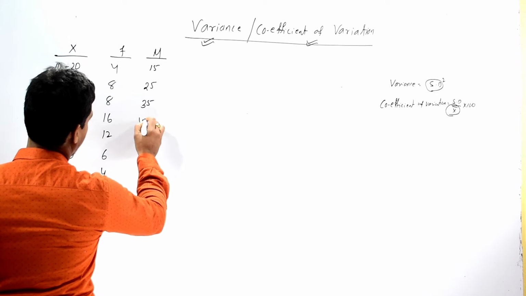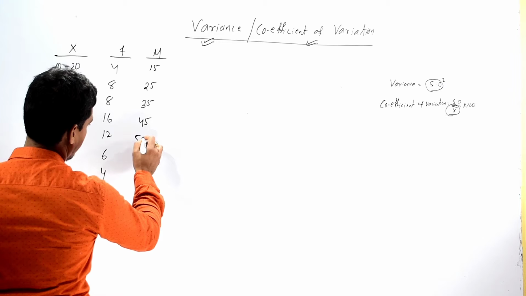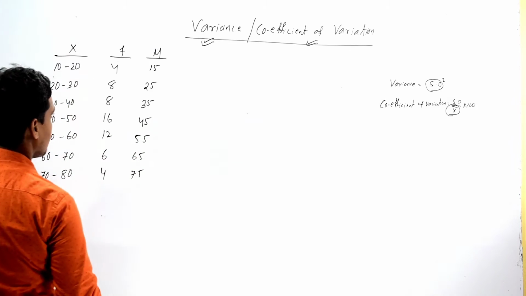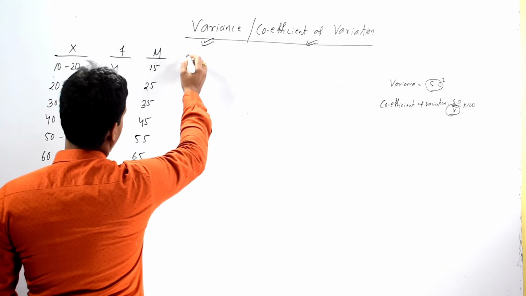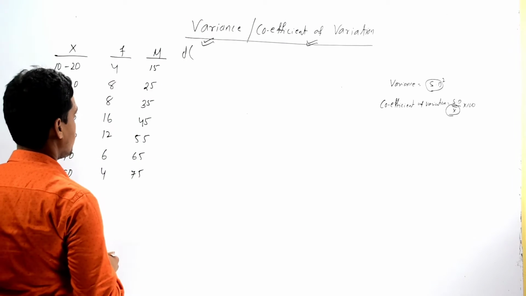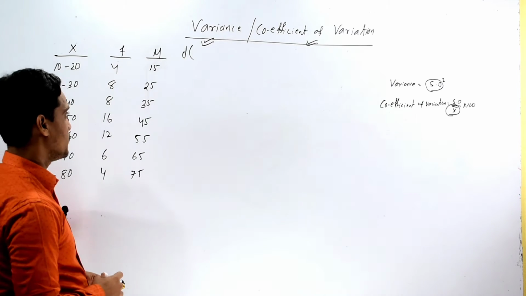Similarly, the midpoints of other classes are 45, 55, 65 and 75.